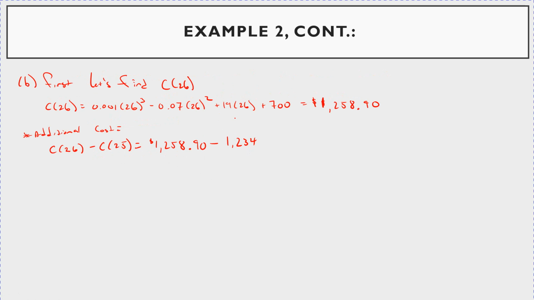If you do this subtraction, you end up getting $24.52. So that's the additional amount it costs them to go from 25 to 26 units.